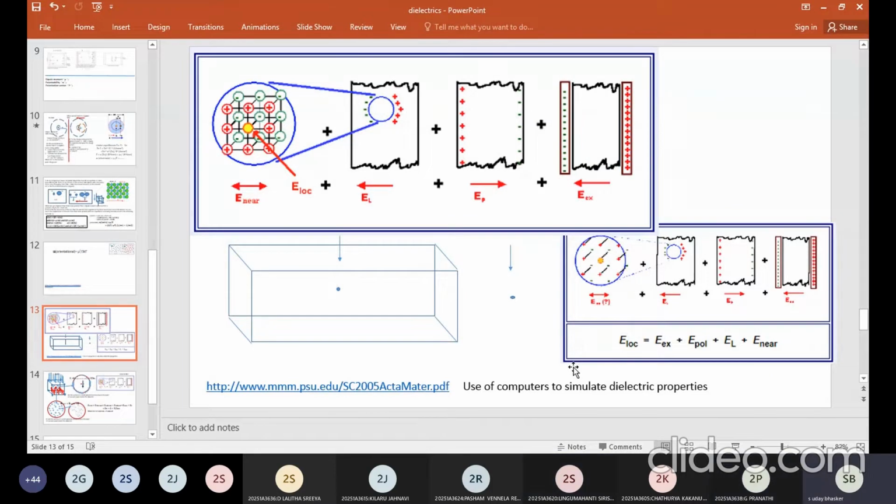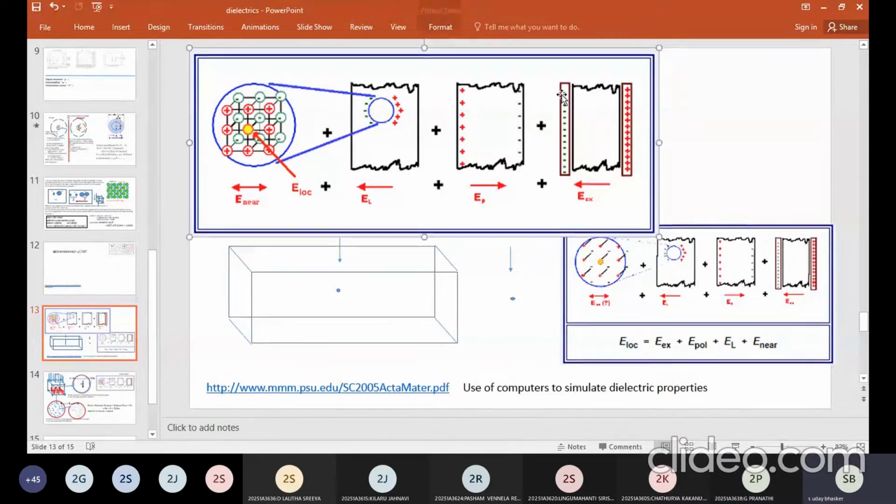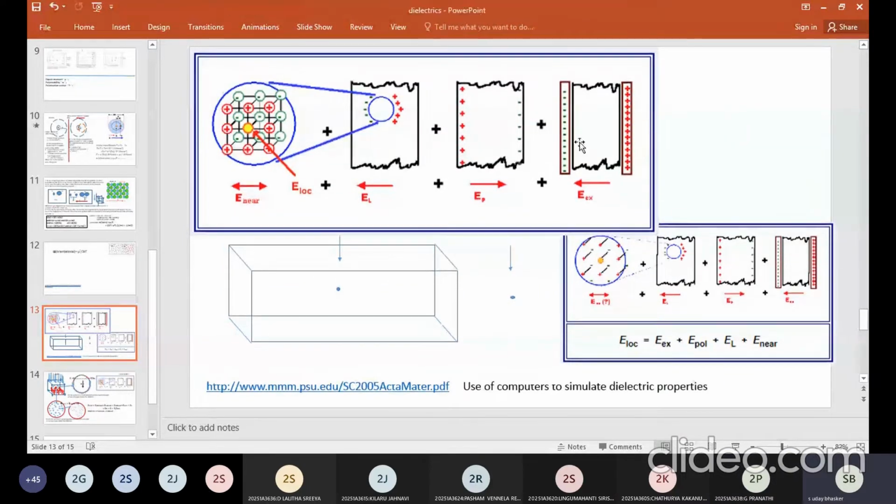Now, because of the dielectric, what happens is, apart from the applied electric field, there will be some other electric fields also getting generated. That's what is shown over here, the last part, E external, which is the applied electric field. Apart from the applied electric field, there will be three more electric fields acting at this point when the point is inside the dielectric.